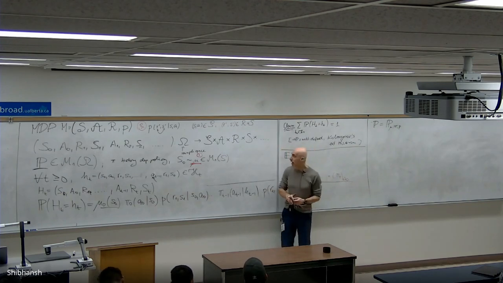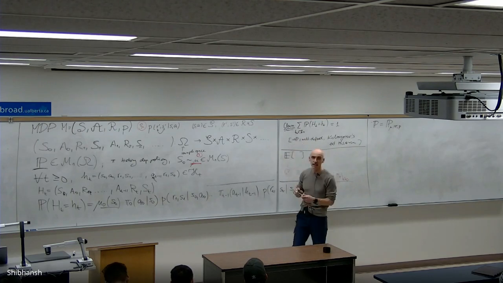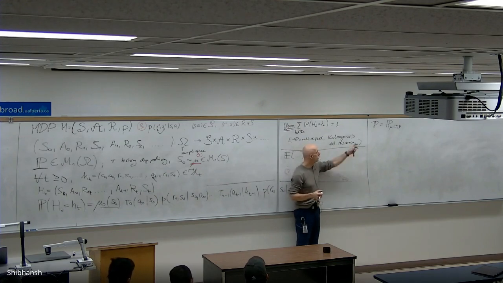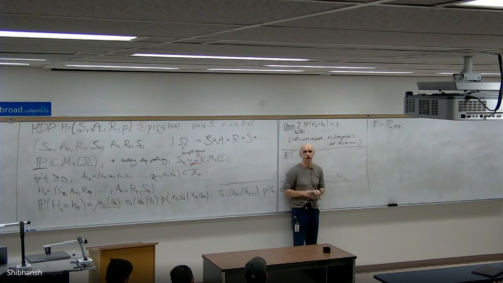So when people write just P or E, they rely on your goodwill of guessing what I mean: which of the mu, which of the pi, which of the P. The P is kind of fixed most of the time, except very late, when we're talking about wanting my algorithm to work against all these different MDPs.